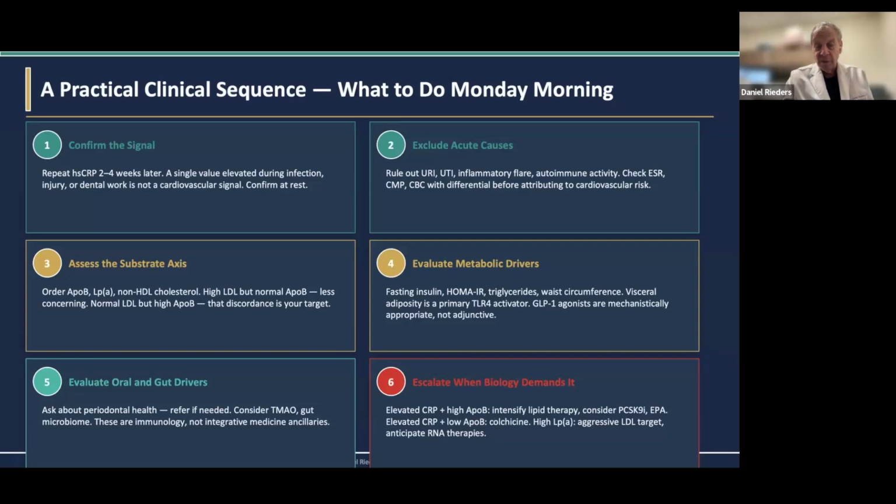And then if there are red flags, if you have an elevated test like MPO or MMP9, which is really hard to get ordered anymore, though up to a year ago it was easy to get, and Lp-PLA2, or a CT angio which shows a thin fibrous cap and a lot of necrotic plaque, particularly in dangerous places in the coronary artery tree, that would be someone we'd like to act on.